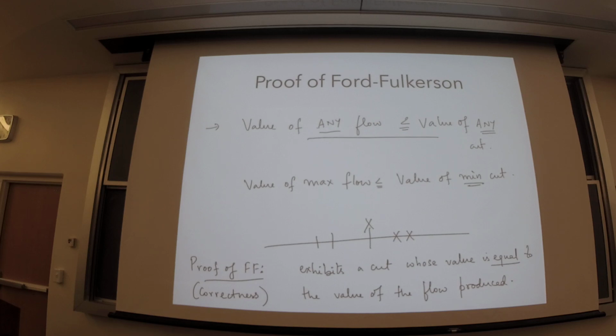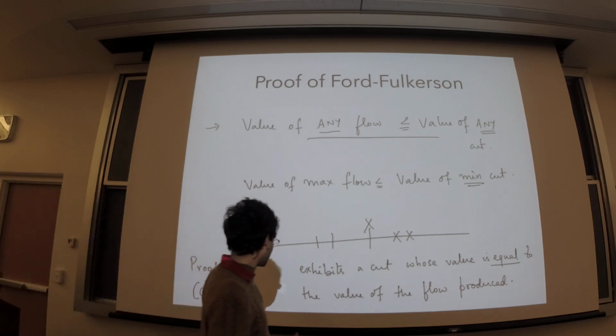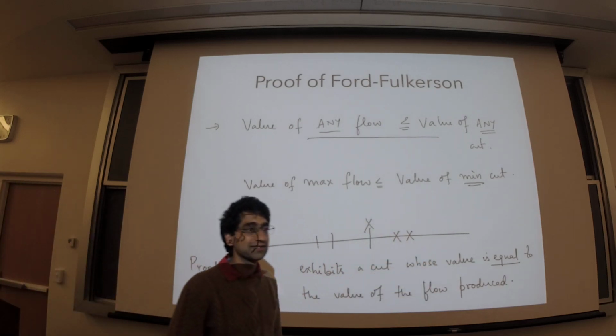So anyway, since we are slowly running out of time for the review, yeah. Does there always exist a flow whose value is equal to the minimum cut? So it exists, and the reason it exists is by this Ford-Fulkerson algorithm.